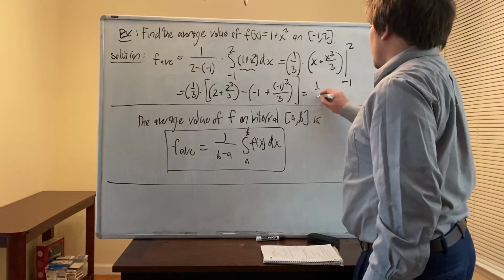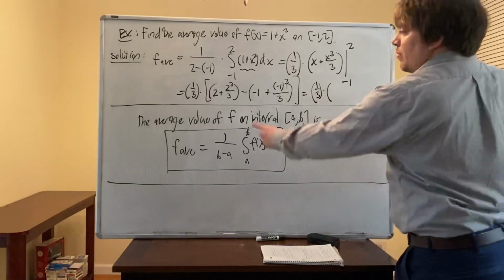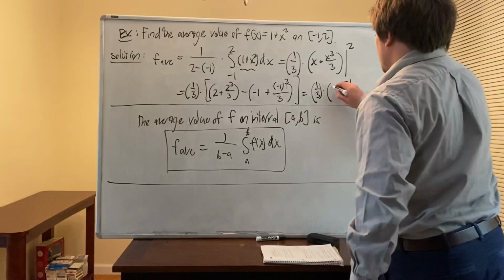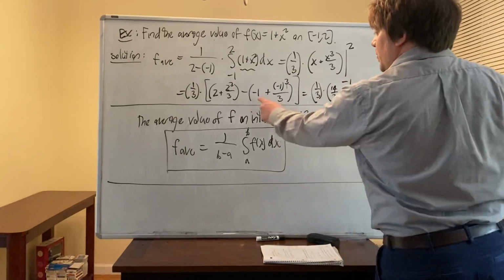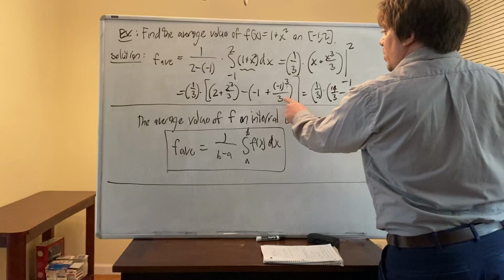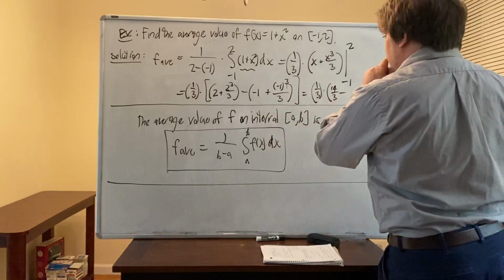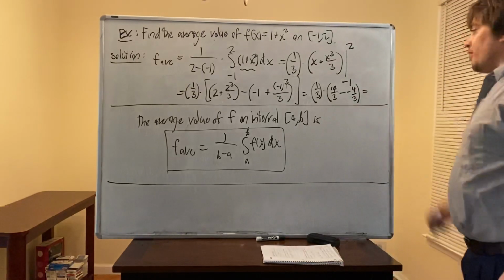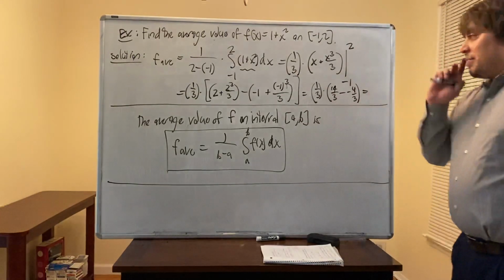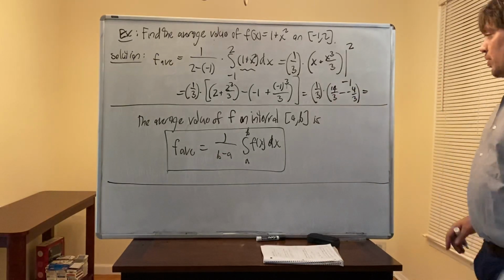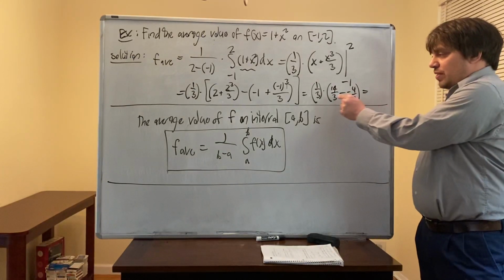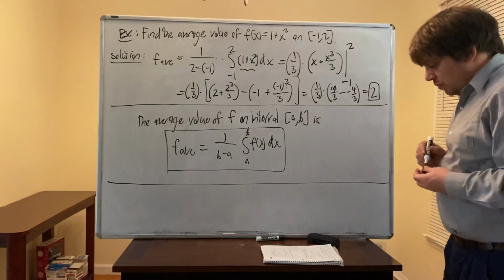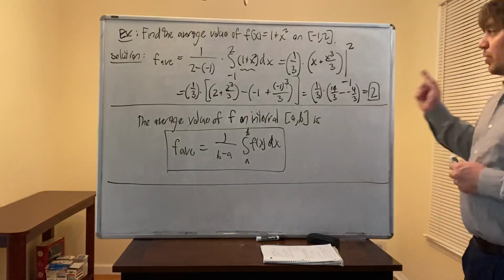And what you get is 1/3 times 2 plus 8/3, which is 14/3, minus, this is -1 plus -1/3, which is -4/3. So this is 14/3 minus -4/3, which is 14/3 plus 4/3, which is 18/3, which is 6. 1/3 times 6 is 2. So you get 2. The average value of f in that interval is 2.